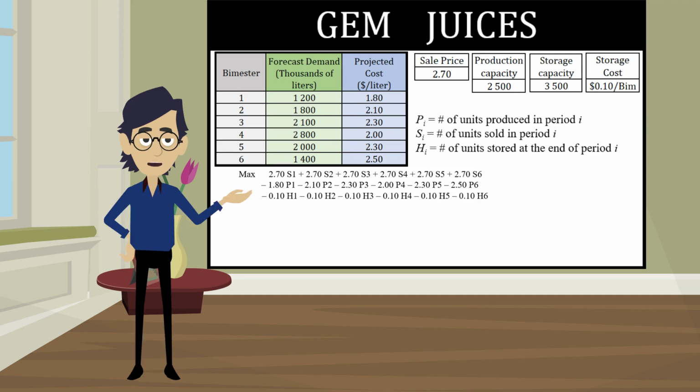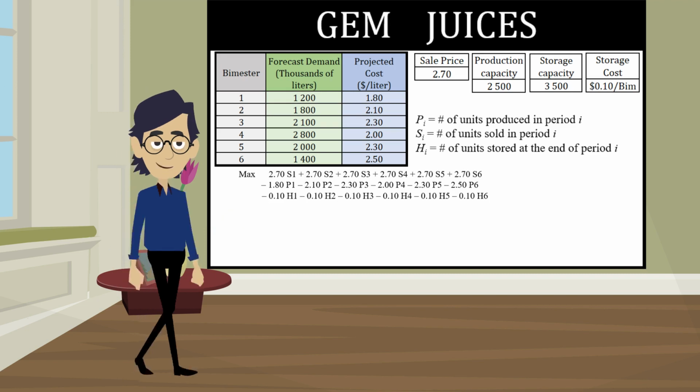The second row is the production cost, which is obtained by multiplying the number of units produced each period, by the cost of production in each period. The third row shows the storage cost, which is obtained by multiplying the number of units held in inventory at the end of each bimester, by the cost of unit storage.